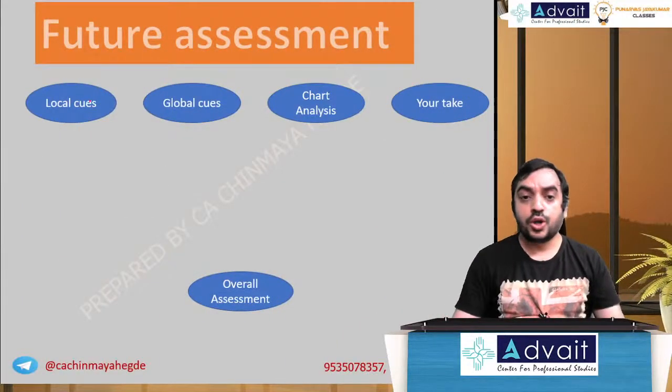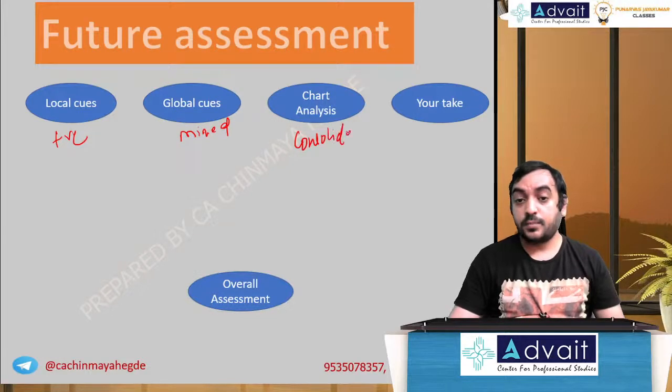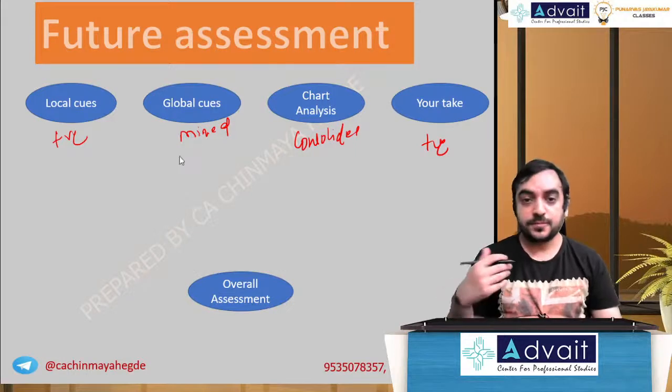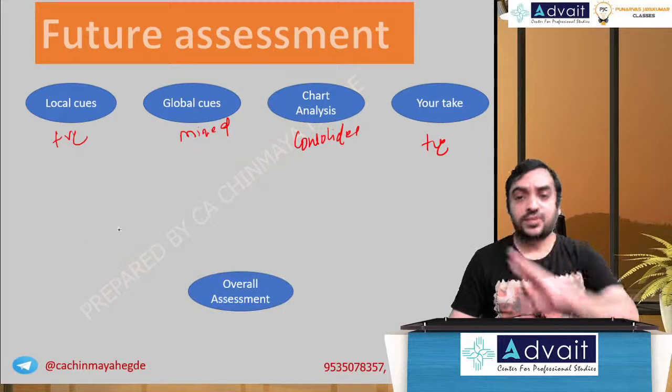Okay. So local cues are positive. Global cues are mixed. Chart analysis is consolidated, and my take is positive, but not too positive. I'm mildly positive, in the sense that the market will not go up straight away.